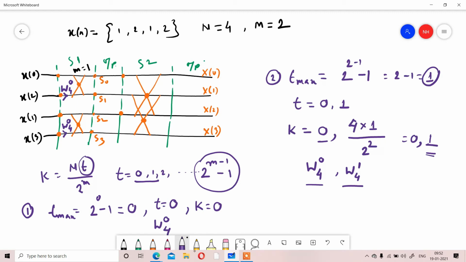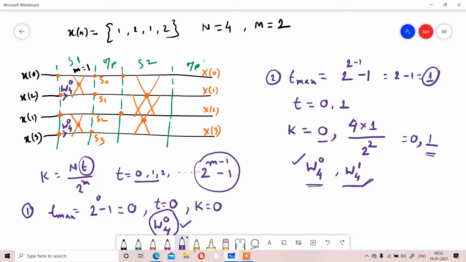So with respect to that, for the first stage you are getting only W4 to the power 0. So for the first stage we are getting W4 to the power 0 and we are representing it in the first stage. In the second stage we are getting W4 to the power 0 and W4 to the power 1. That means each set will start at W4 to the power 0 and end at W4 to the power 1.